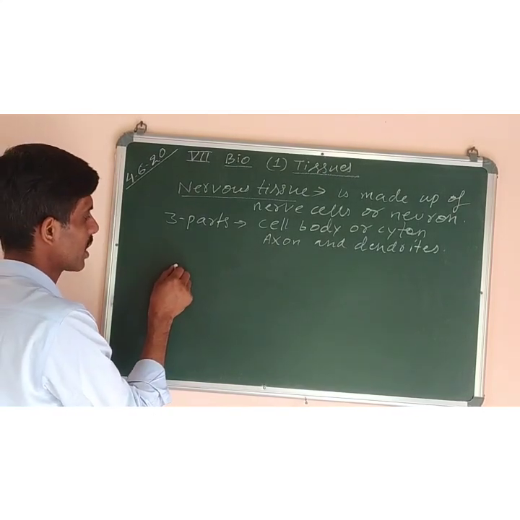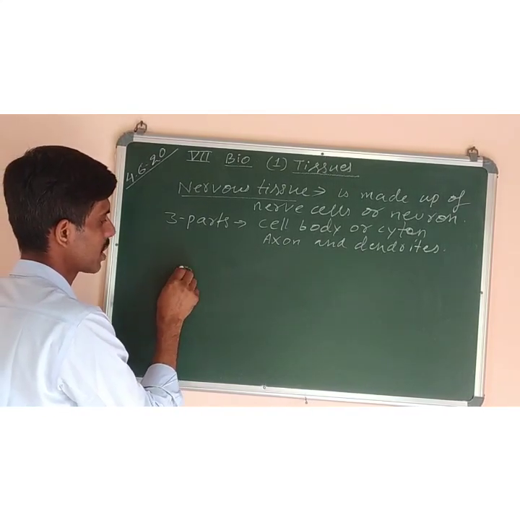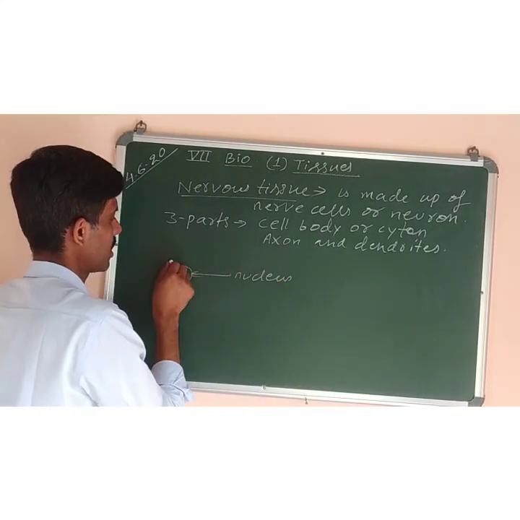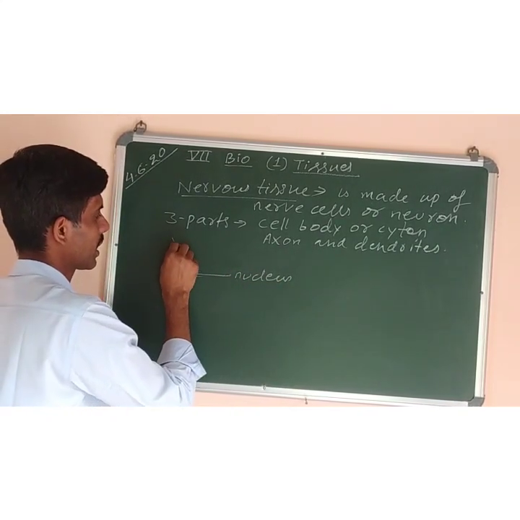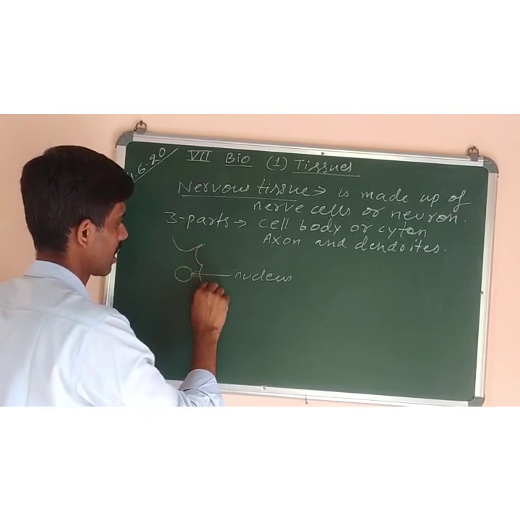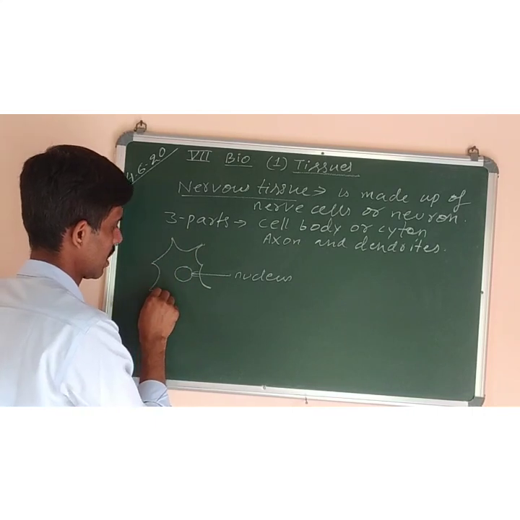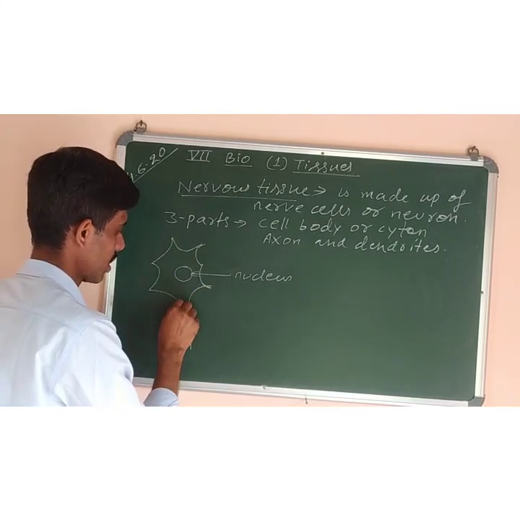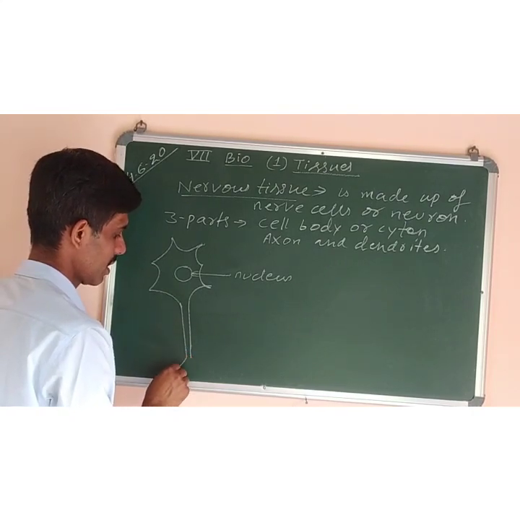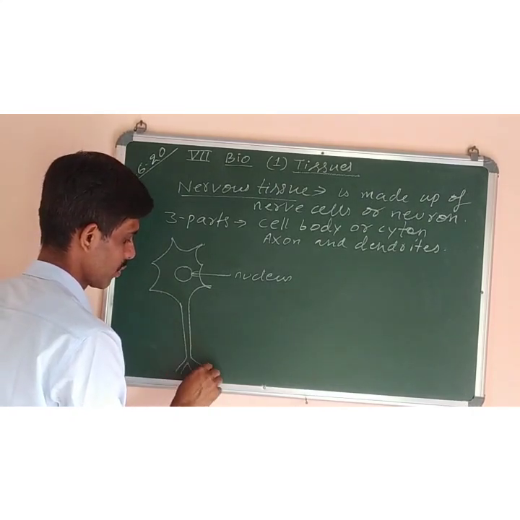Whenever you have to draw the nerve cell, the structure, it consists of a nucleus and a cell. So I will draw the cell like this in simple words. Then a long cytoplasmic process, and then the terminal branches of the cyton, which are known as dendrites.